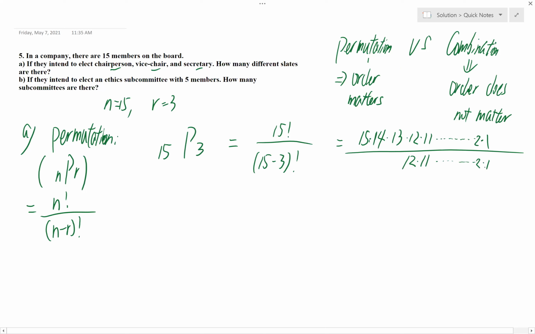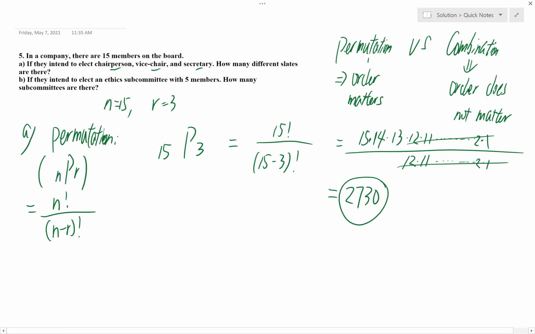As I mentioned last time, for factorials, you can cancel the same numbers after 12. It's all gone, right? So all you have to do is multiply 15 by 14 by 13. Okay, now we get 2,730.